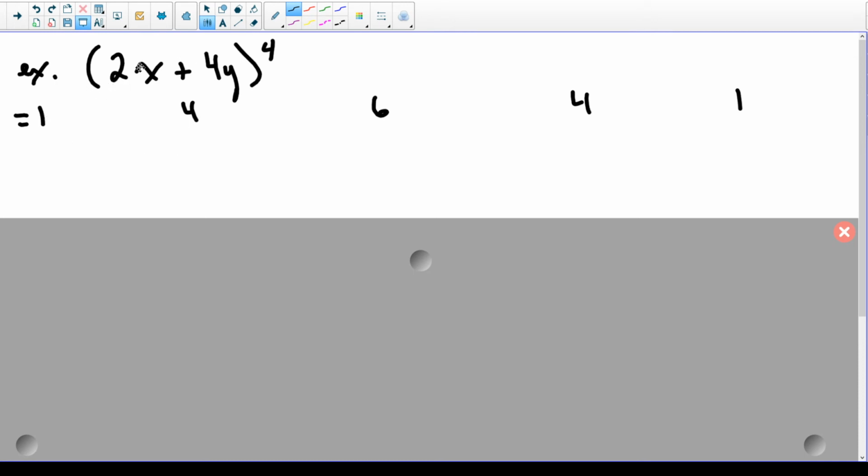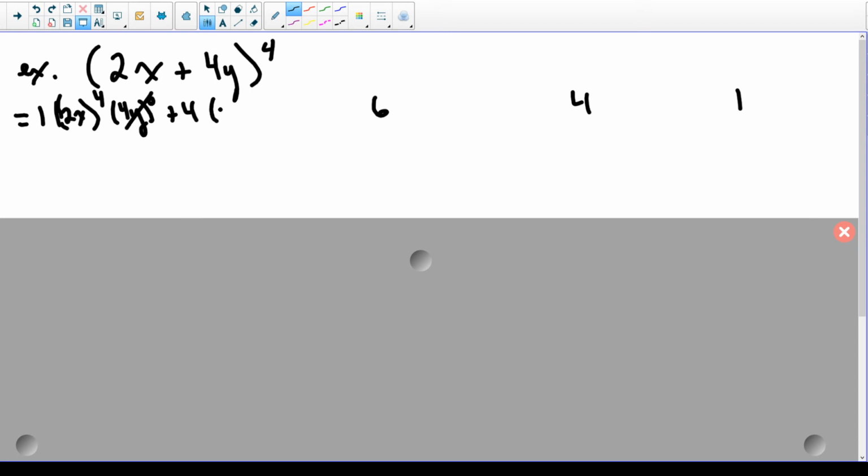Now in this case you have slightly more complicated terms inside your binomial, but you would just write (2x) to the power 4, (4y) to the 0. Eventually you're not going to write that at all because anything to the 0 just becomes 1, right?